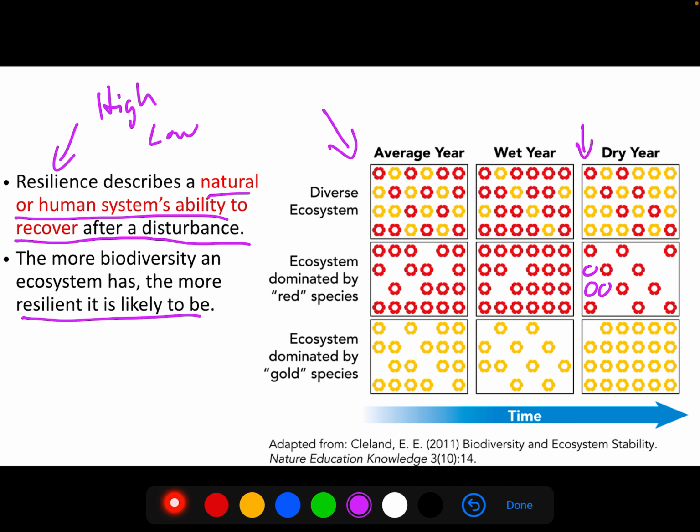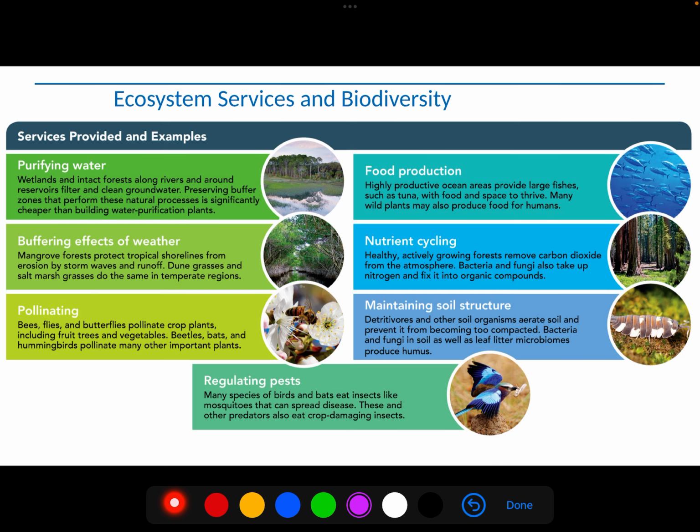And notice how yellow and red never completely fade away. Yes, they increase and decrease in number, but they never fade away, okay? And then notice when wet years and dry years happen without species diversity, there's a lot of empty spaces, and that could be missing food, that could be lower resources. All sorts of different things could happen there.